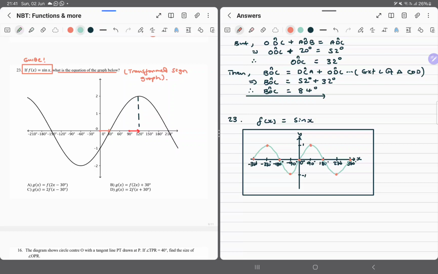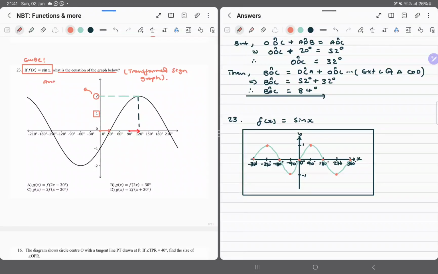But now here's another issue. This maximum is at 2 units. Normally, this was supposed to be at 1. So it was at 1, but now it went to 2. So what does that mean? It means the amplitude is at 2. So we augmented the graph.